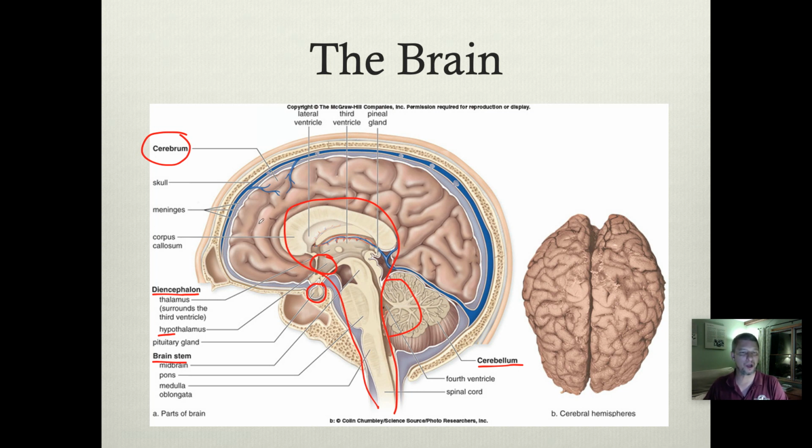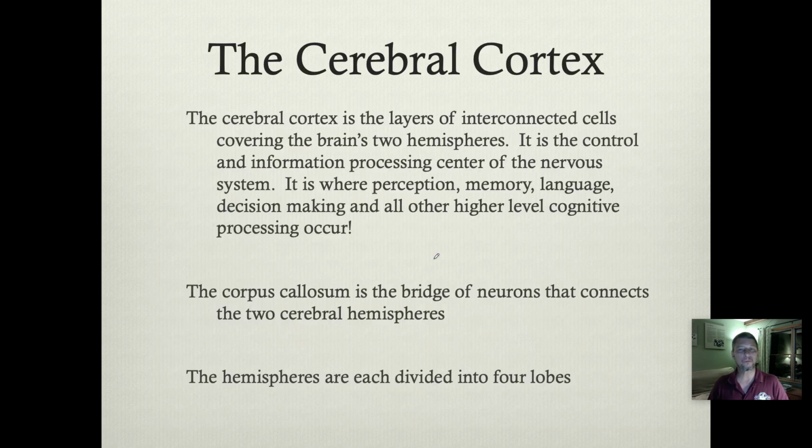All of this stuff up here that makes up the cerebrum is important in all of the phenomenally complex things that the human brain can do that simpler animals just don't have the ability to do. So we have to talk about the cerebral cortex first. The cerebral cortex is all of those layers of interconnected cells that cover the brain's two hemispheres.